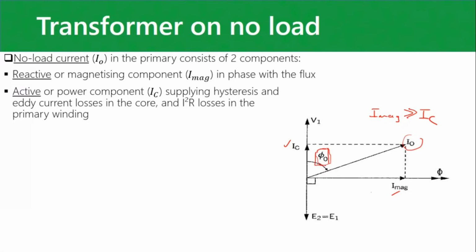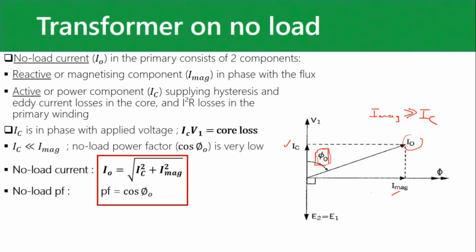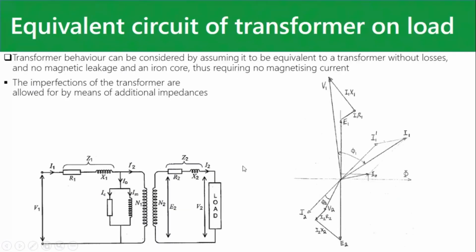The cosine of that phase angle gives you quite a bad power factor when the transformer's on no load. Okay. You don't get much in the way of calculations on this type of stuff. Not very much. We'll see what type of calculations you get when you unload. But there is a small calculation that we sometimes get.